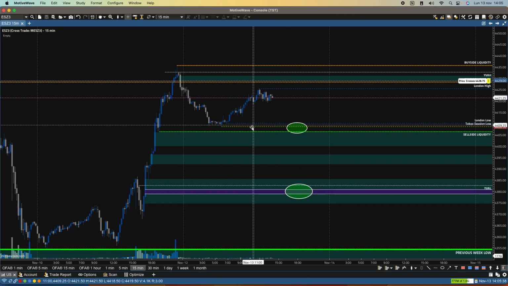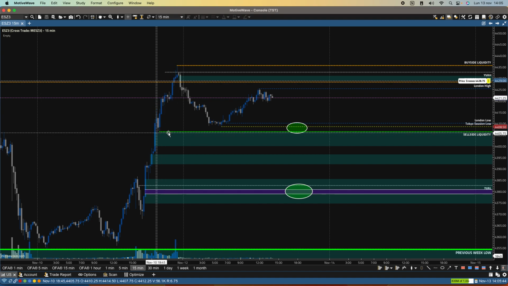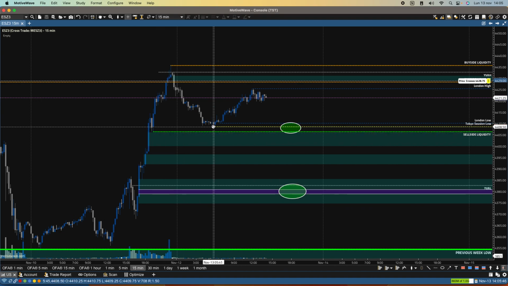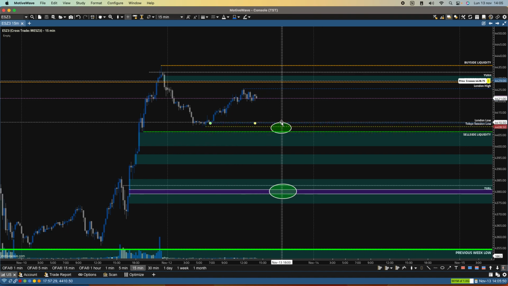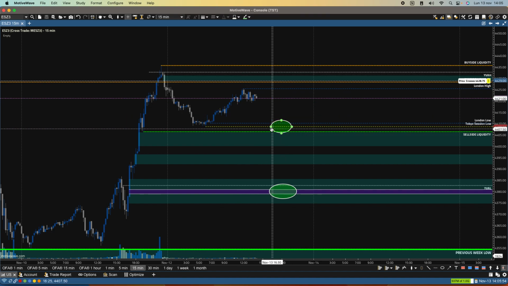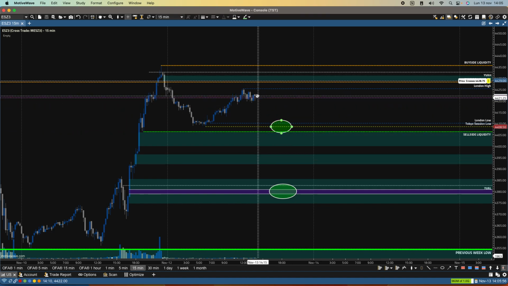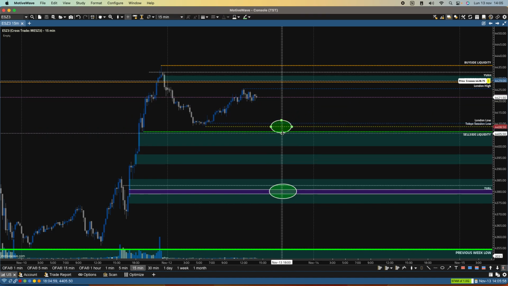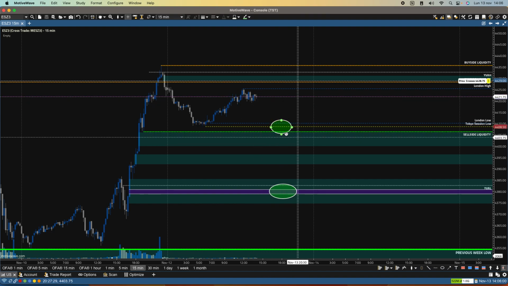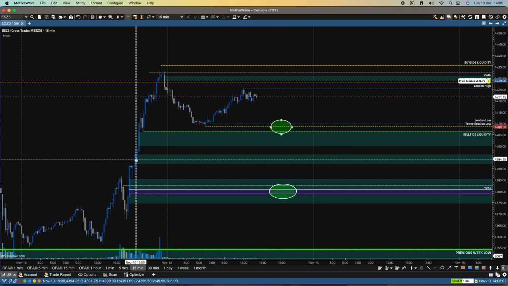So we have the London low and the Tokyo low for today, and sell side liquidity. So when we have three levels very close, it means that this could be a strong potential zone. But to be honest, I'm not very confident, just because we have a lot of gaps to close.